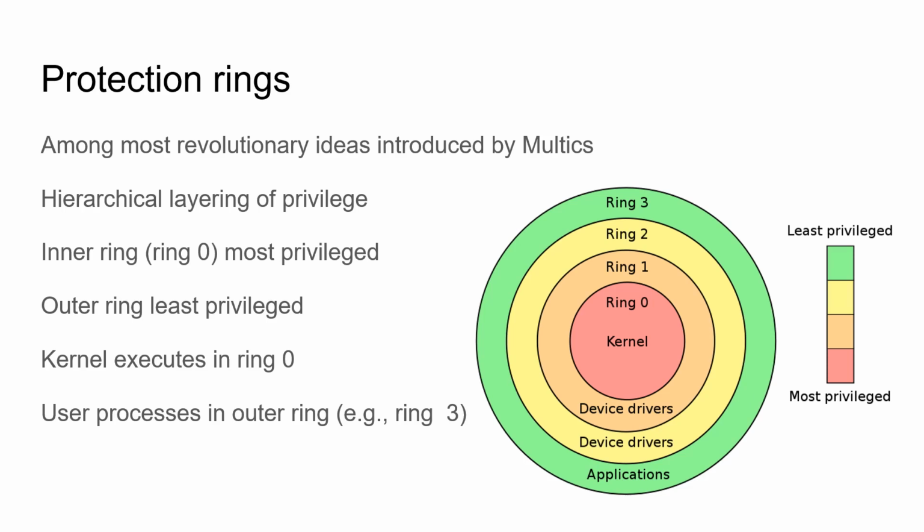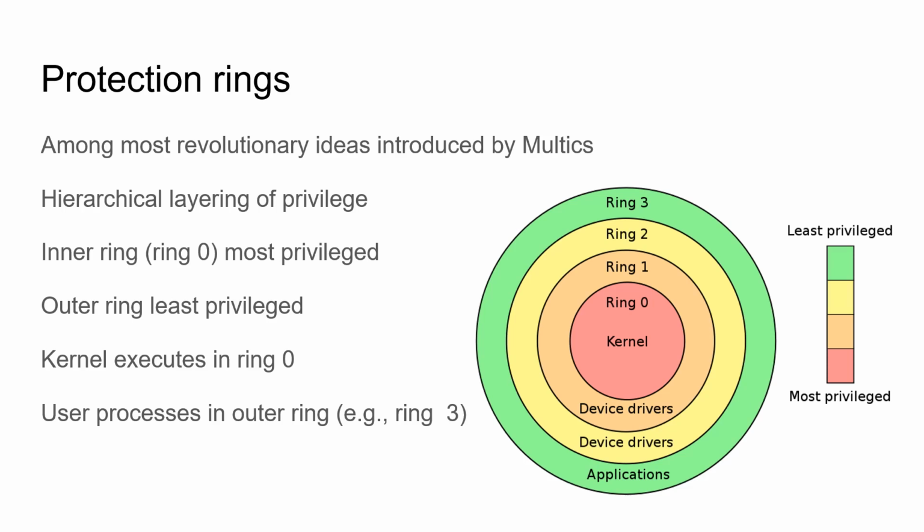And the mediation takes place on the transfer from ring 3 to ring 0. So the ring 3 code will end up in very specific places in ring 0, maybe by means of a system call, where ring 0 can actually validate the call.